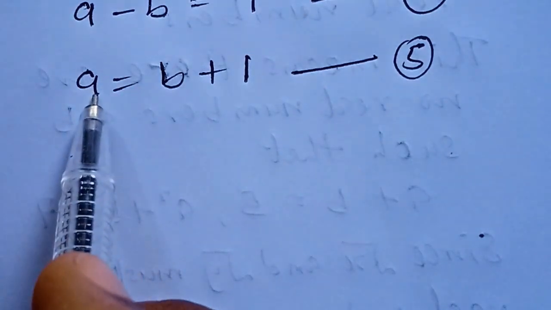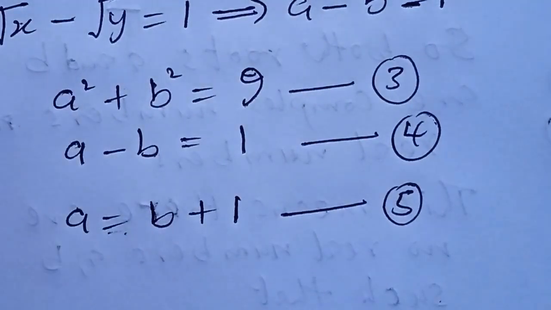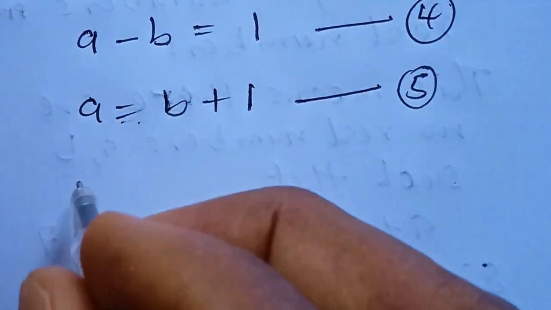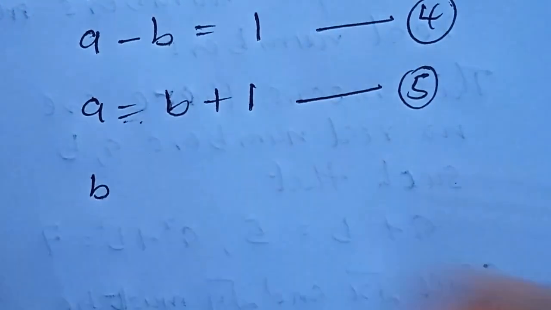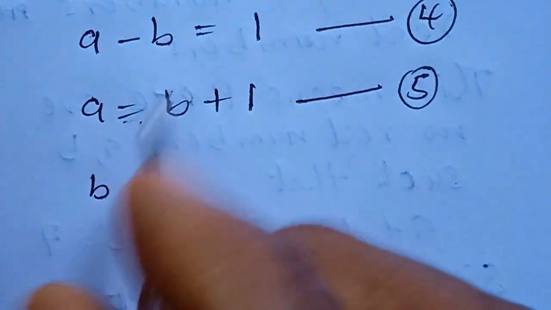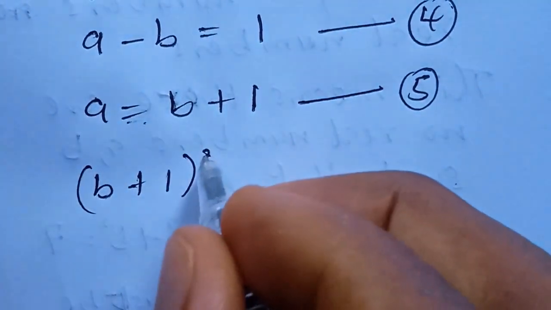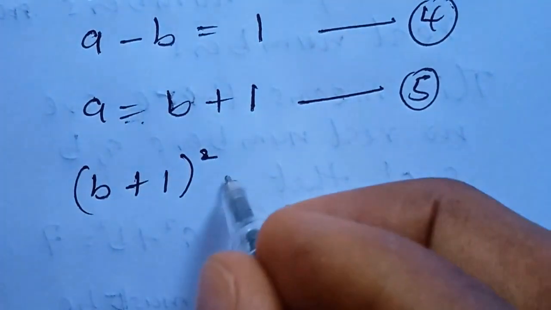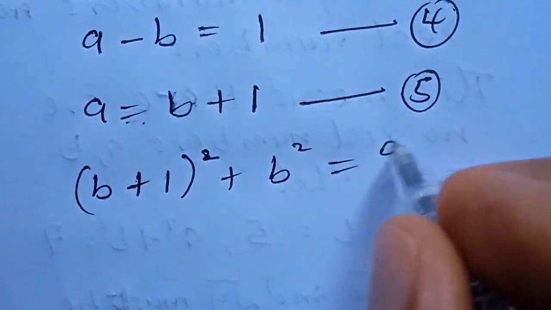So we have our a substituted into equation 3 over here. So equation 3 becomes b plus 1 in brackets raised to power 2, plus b squared, equal to 9.